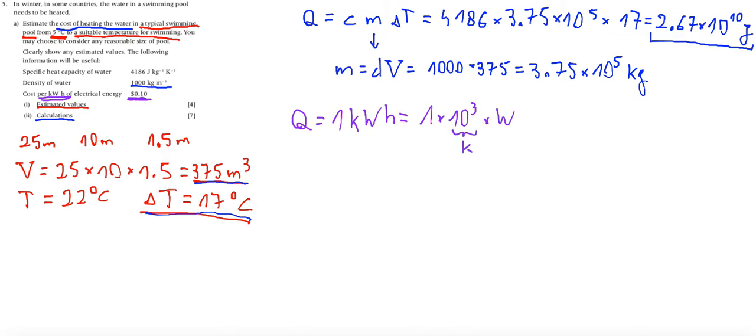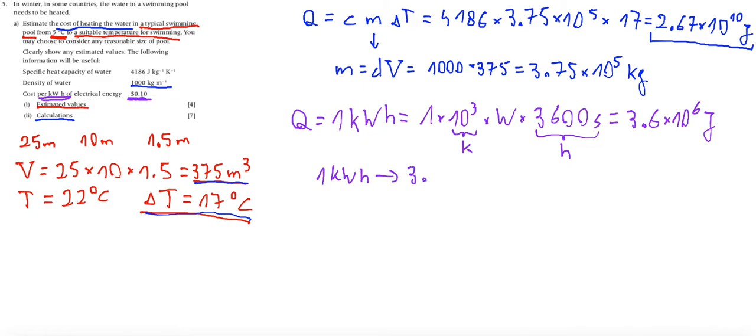Watt is joule per second, and an hour contains 3600 seconds. So finally, in standard units, we have 3.6 times 10 to the power of 6 joules. Now we can use a simple proportion. If 1 kilowatt hour is 3.6 times 10 to the power of 6 joules, then how many kilowatt hours is 2.67 times 10 to the power of 10 joules, which is what we are looking for?